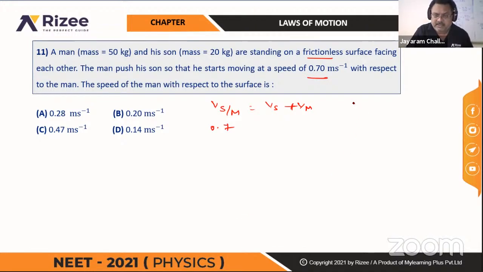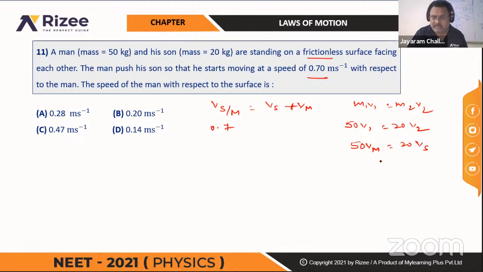So in that sense, you can go for the conservation of momentum. M1 V1 is equal to M2 V2. M1 is going to be 50 kgs, V1 is equal to 20 kgs into V2. So from here, V2 is nothing but what? If I shift it, 50 into Vm is equal to 20 into velocity of the son.